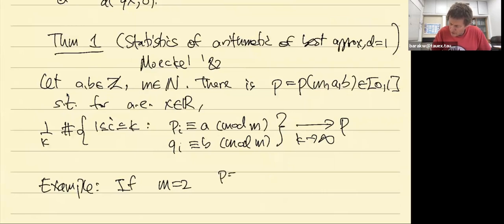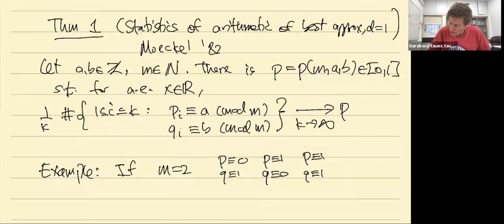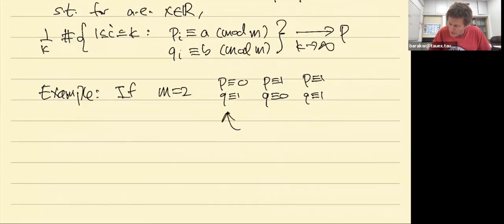P congruent to 0, Q congruent to 1 mod 2, P congruent to 1, Q congruent to 0 mod 2, or P congruent to 1, Q congruent to 1 mod 2. All of these cases have probability 1/3 of arising.